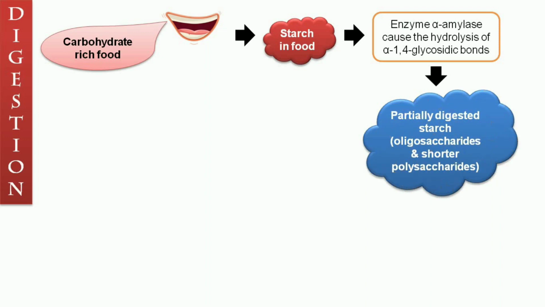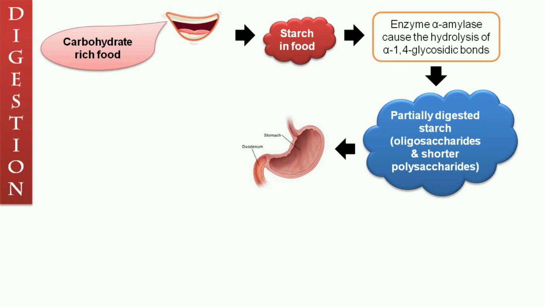Then the partially digested starch, that is oligosaccharides and shorter polysaccharides, are transferred to the stomach, where the salivary amylase gets deactivated due to the presence of stomach acids.